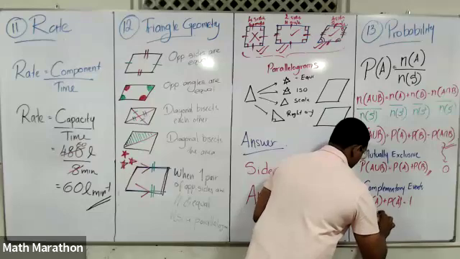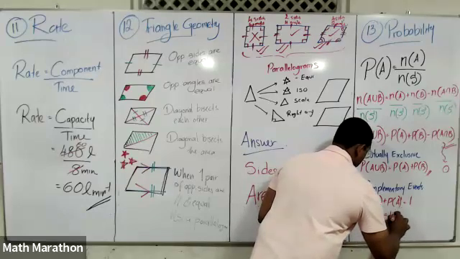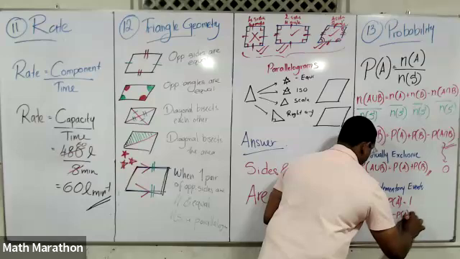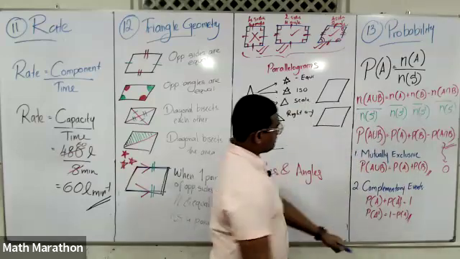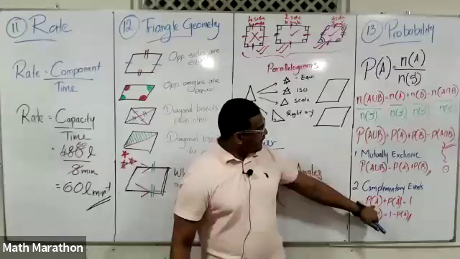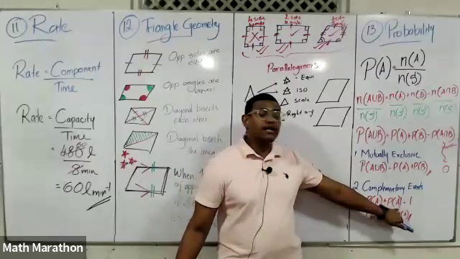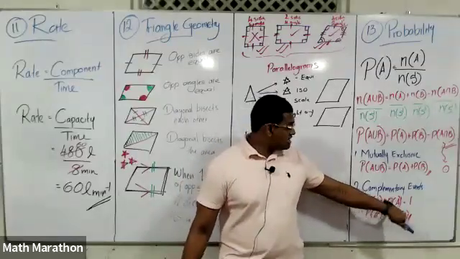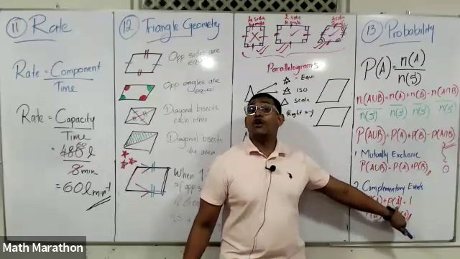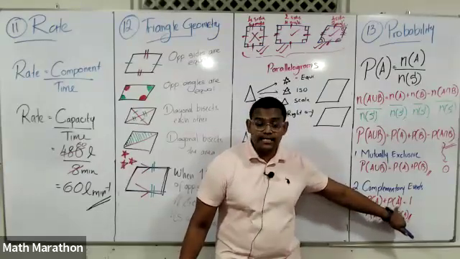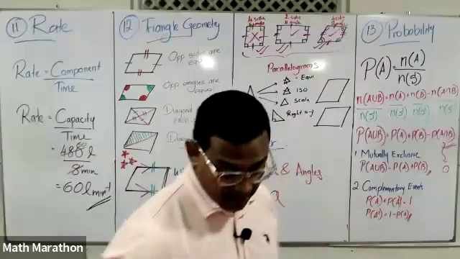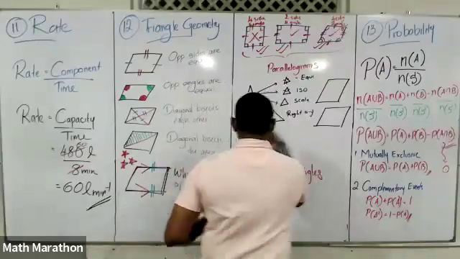So we'll write it as 1 minus probability of A. Probability of an event and probability of complement of an event. It's not only for A, for any events. Okay, as an example, listen to this carefully.